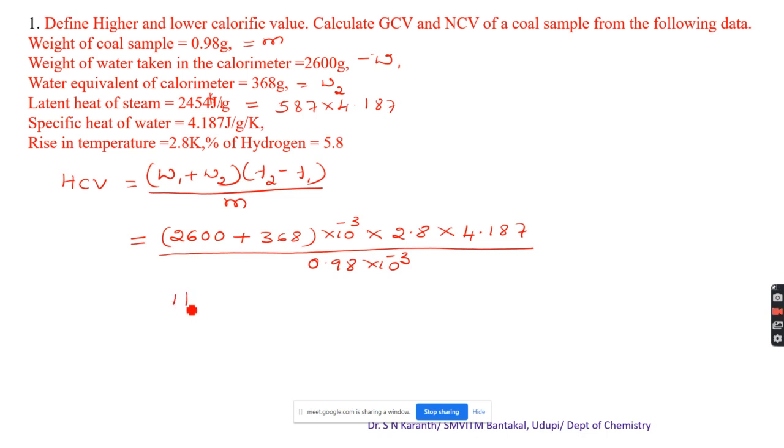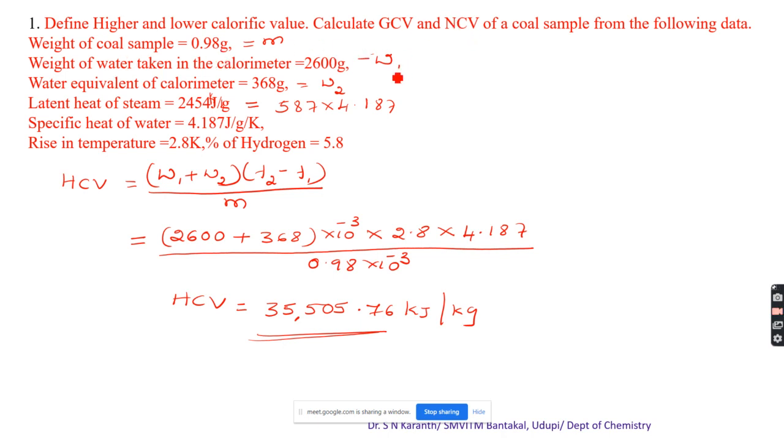So you will get the HCV value as 35,505.76 kilojoule per kg. This is the unit used, not calorie per gram. So we can easily determine the calorific value of the fuel sample.